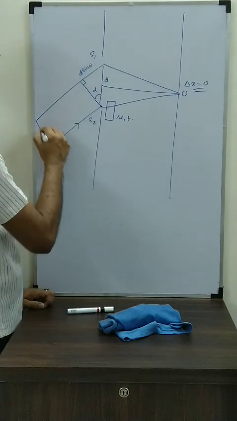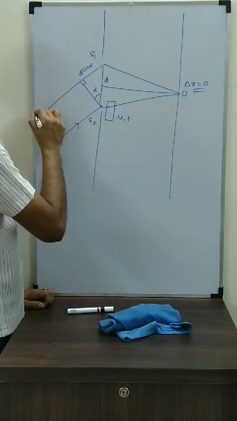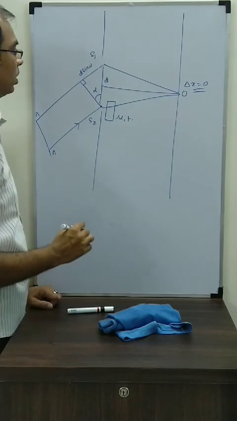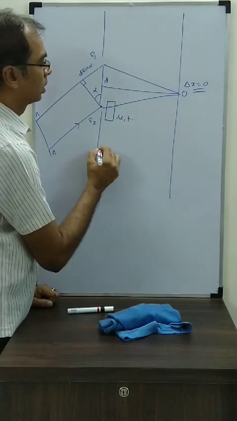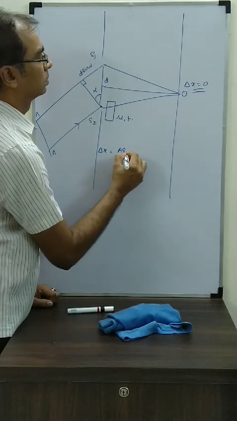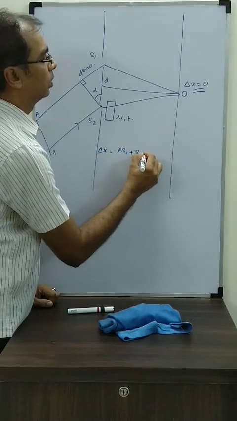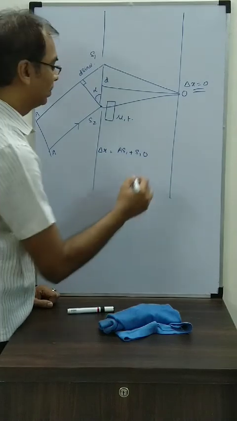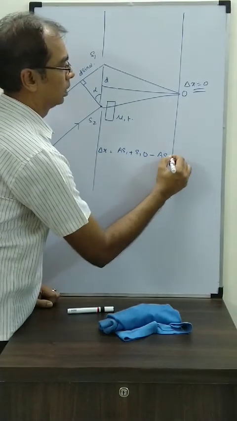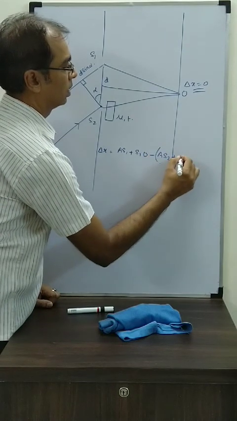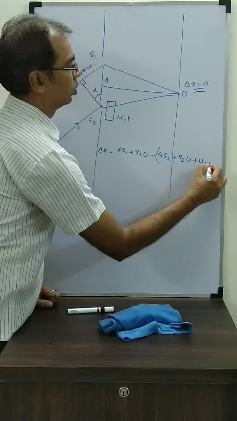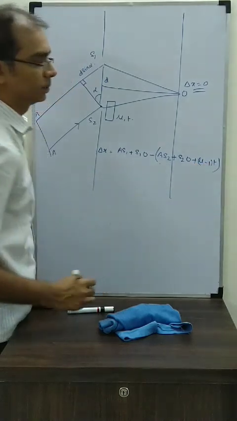At this point I say here, this is A. So total path difference I am writing, just take that. Delta x equals AS1 plus S1O minus AS2 plus S2O plus mu minus 1 into t.